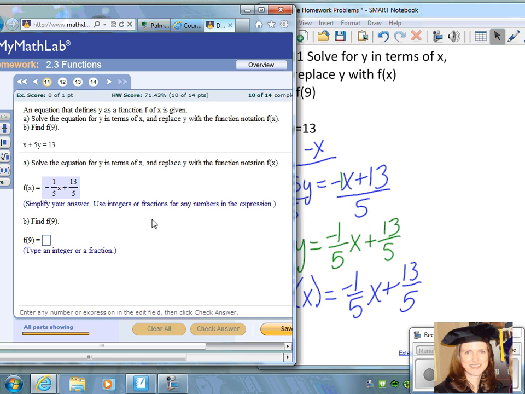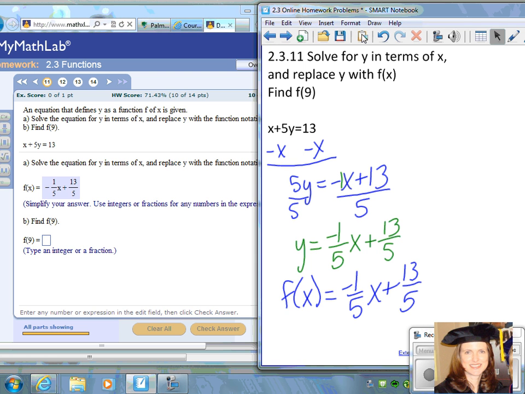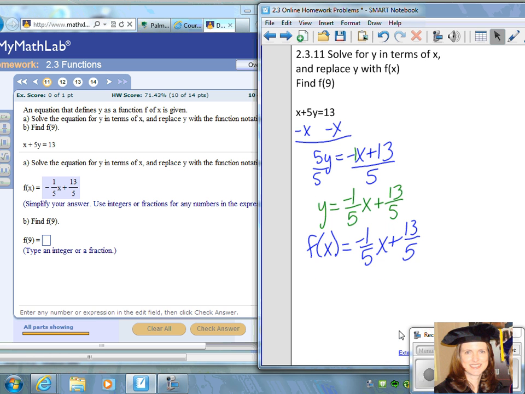Now the second part of this question is to evaluate f of 9. To evaluate f of 9, you're going to replace the x in the function with a 9, plus 13 over 5, and simplify.